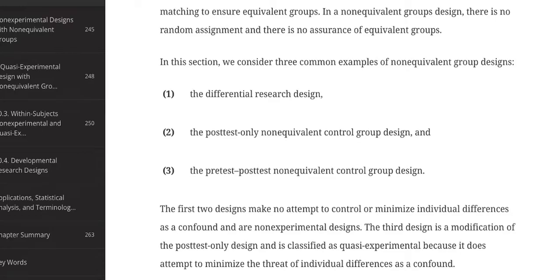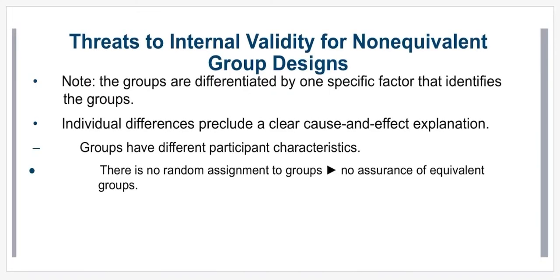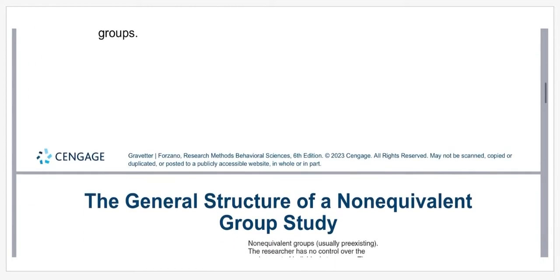This third design down here, the pretest post-test, they actually are making a modification by introducing a pretest that tries to reduce some of these individual differences and these issues that we talked about. And so that is actually considered quasi-experimental because that extra step is taken. So we'll detail that more in a minute.